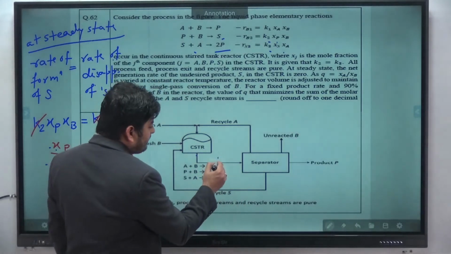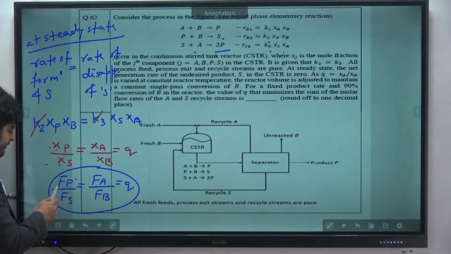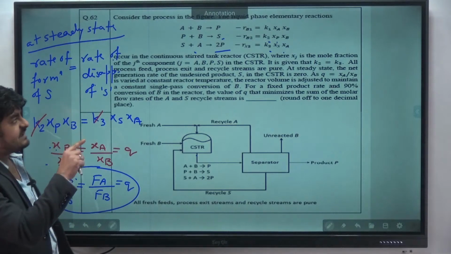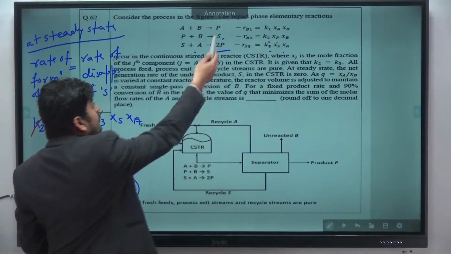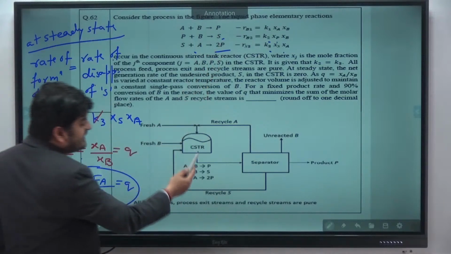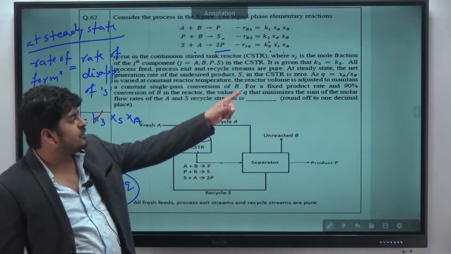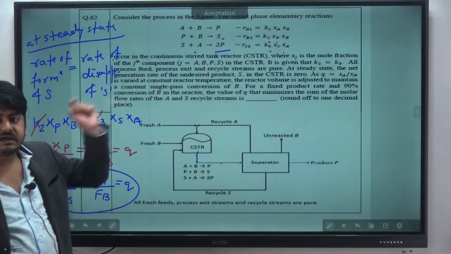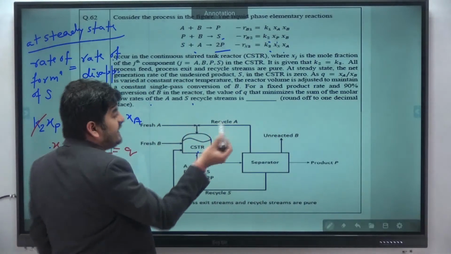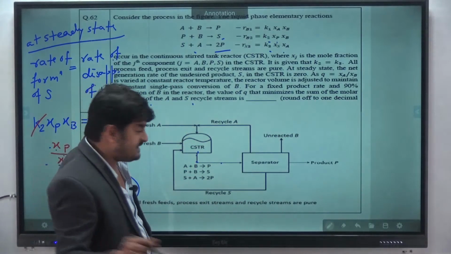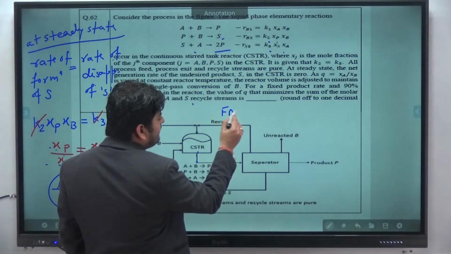So here, if you look at this expression Fp upon Fs, they are saying S is the undesired product. So it means P is the desired product. So P upon S you have to calculate at the reactor outlet. That's what they are asking. For which value of Q will the molar flow rate of A and S in the recycle stream be minimized. So the molar flow rate of A in the recycle stream, let's say FAR.